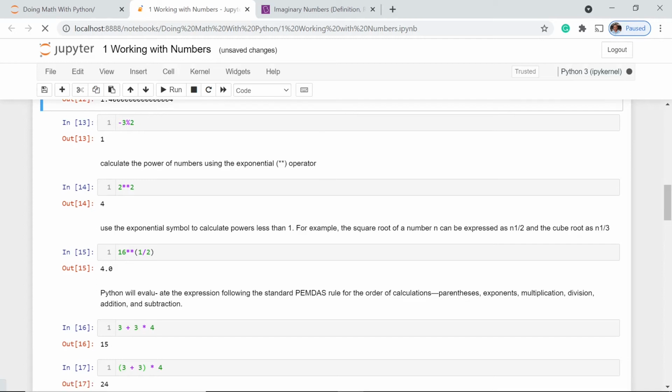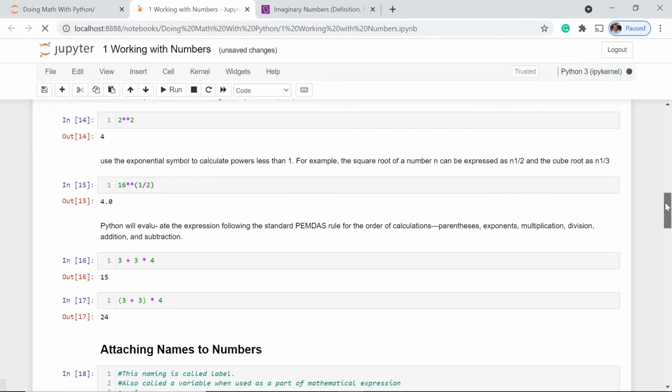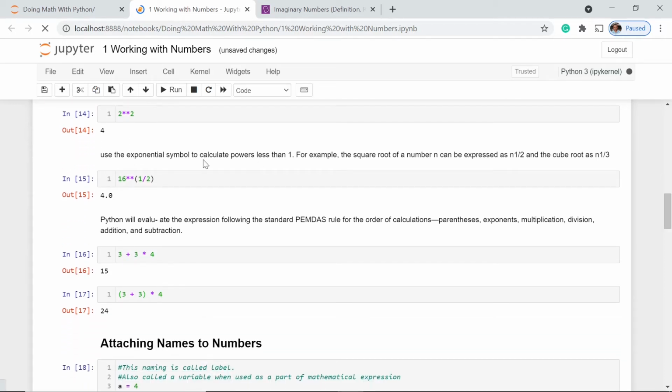Another thing is that we can also calculate the powers of numbers using the exponential operator. We're just going to have these two asterisks. So 2 raised to the power of 2 will give us 4. And also, we can use the exponential symbol to calculate powers less than 1.